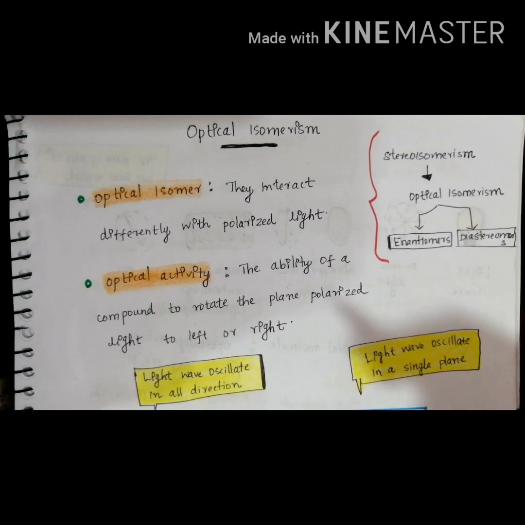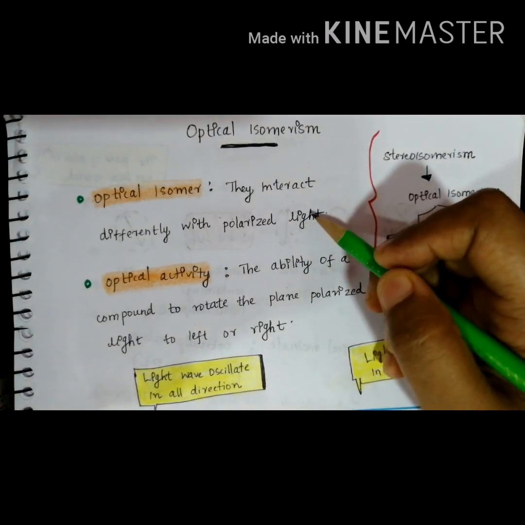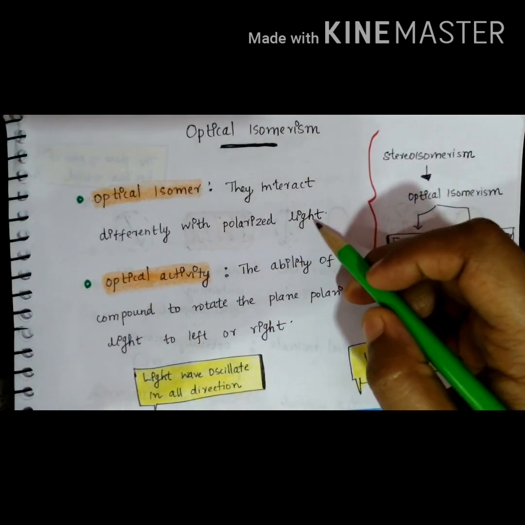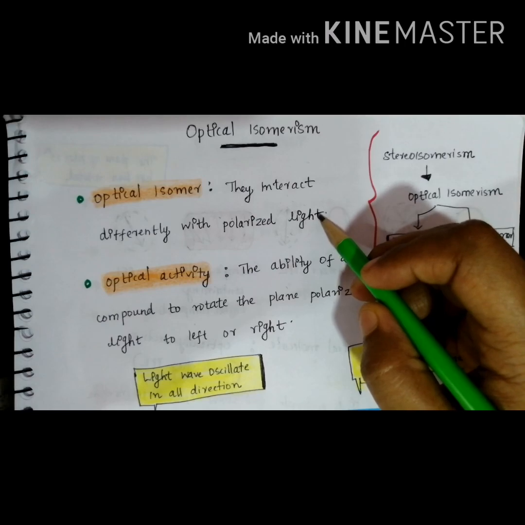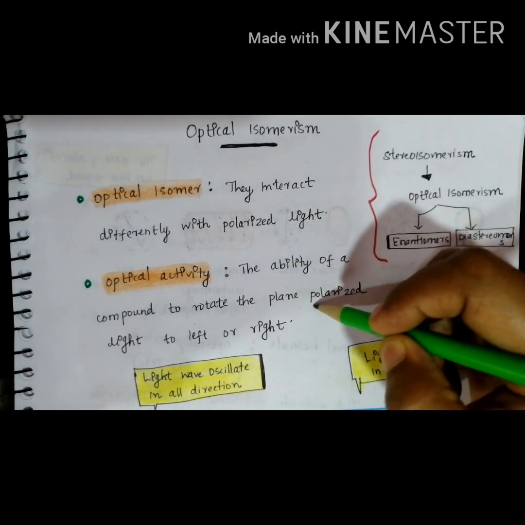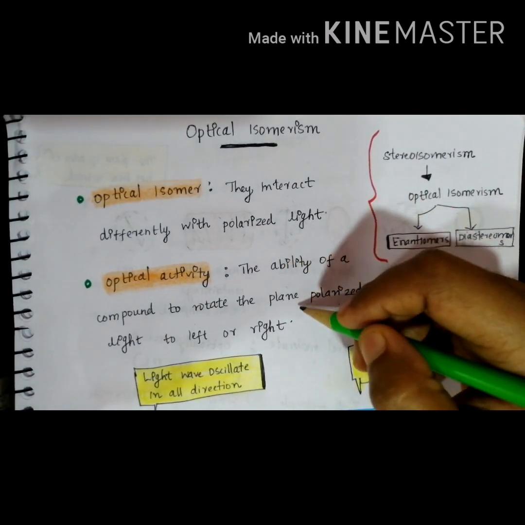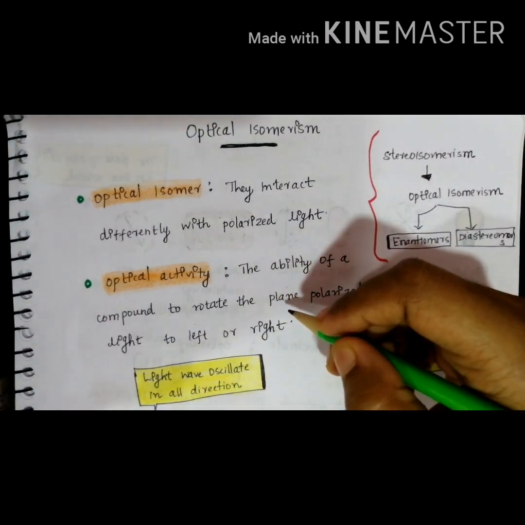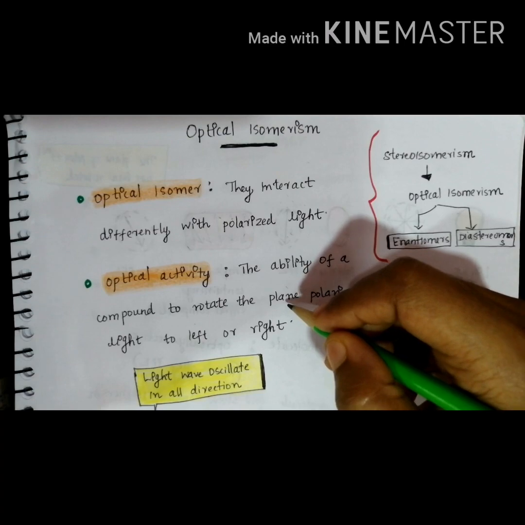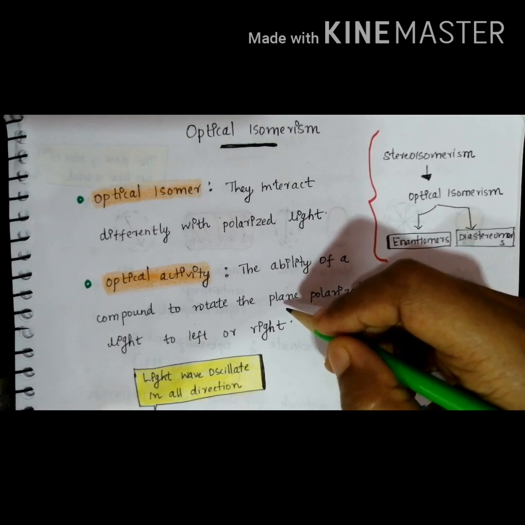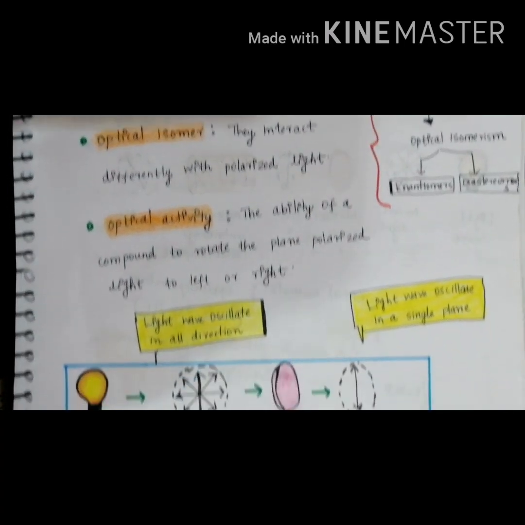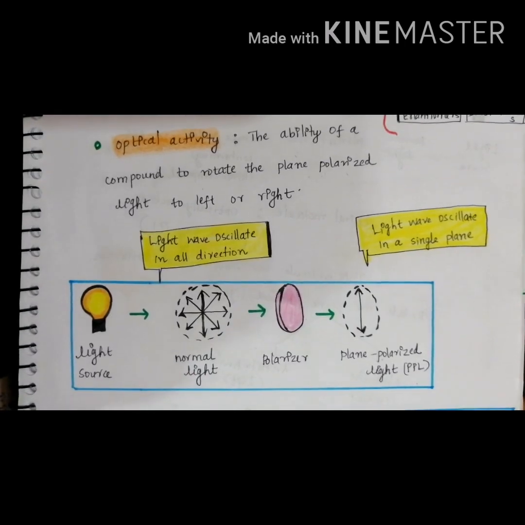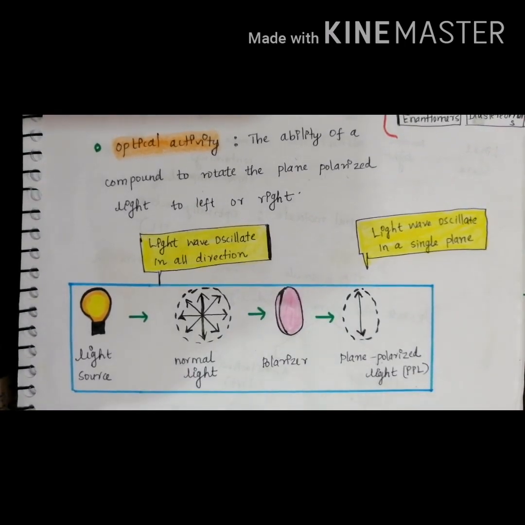Now we are going to discuss what we mean by plane polarized light and what the experiment for this observation is. The experiment is the polarimeter experiment, in which we use a polarizer. This is one of the basic experiments regarding optical isomerism.